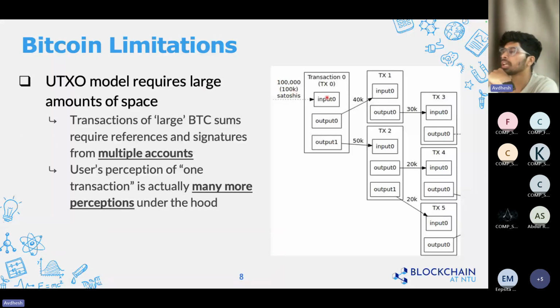The Bitcoin system was sending two outputs, even if I want to send just 40 Bitcoins instead of 100. The 60 will revert back to me. So it's kind of like a memory problem here, and if we can solve this, it will be very great. That is one of the limitations.